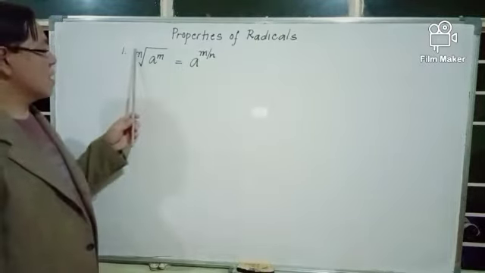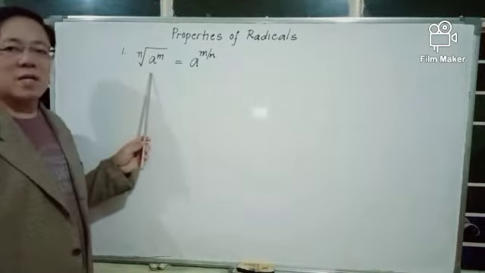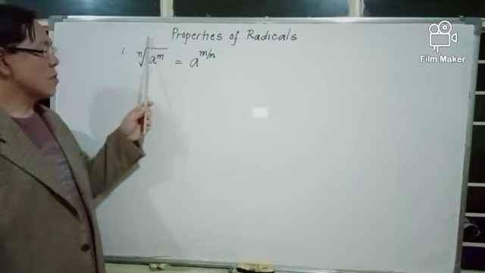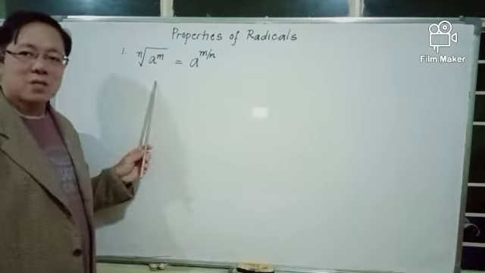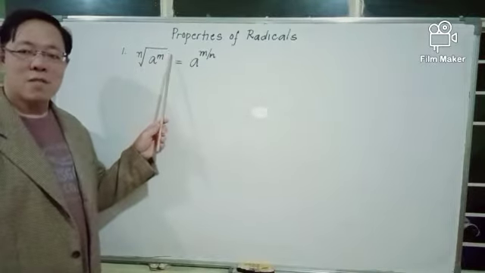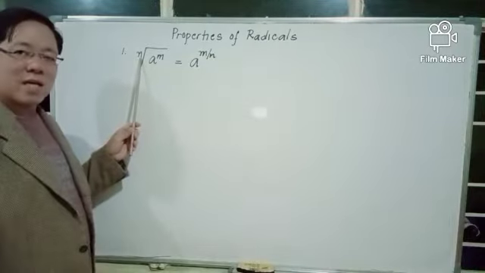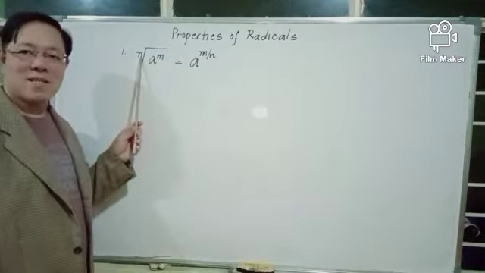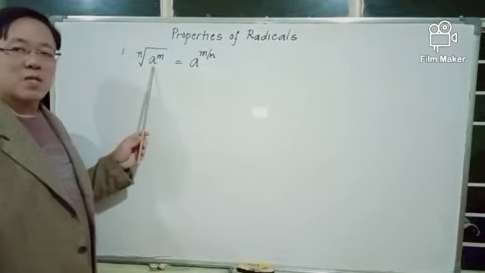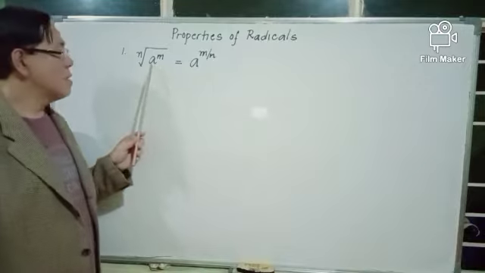The expression at the left-hand side of this equation is called a radical expression. The symbol is known as the radical sign. And the number n here is called the index of the radical sign. And the expression inside the radical sign is known as the radicand.